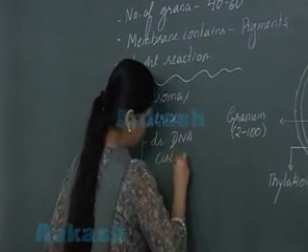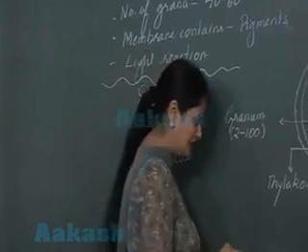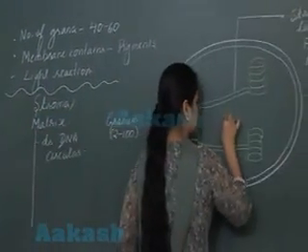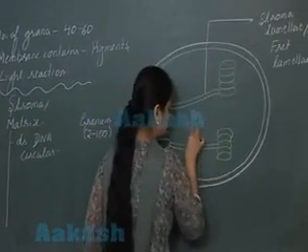Yes, double stranded circular DNA, the same we had studied in the case of mitochondria.